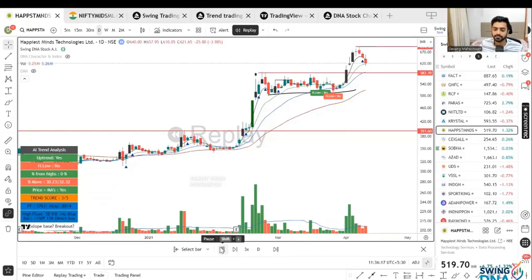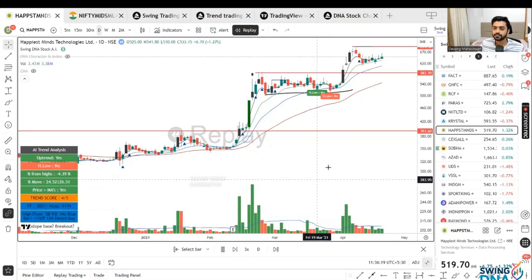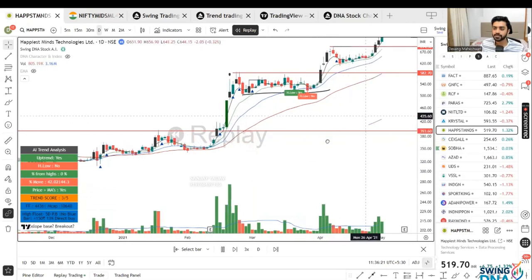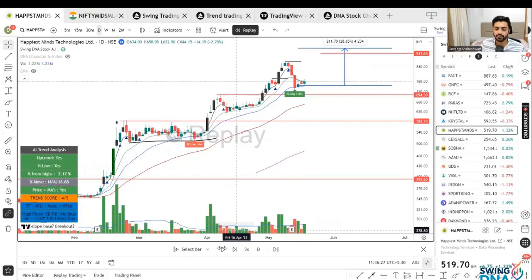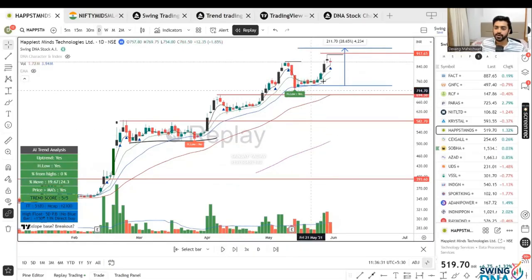Okay, let's keep seeing this full chart. See here it never went down, it's just moving up and up. So it's taking it that way. Here a higher low, comparing this to this.